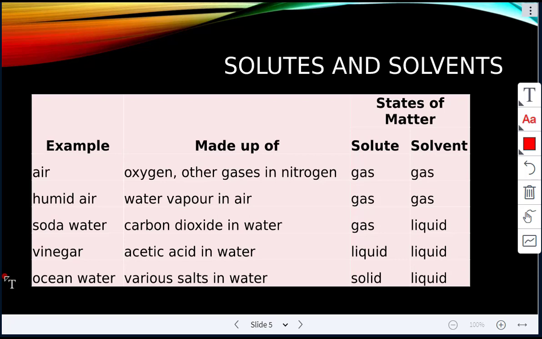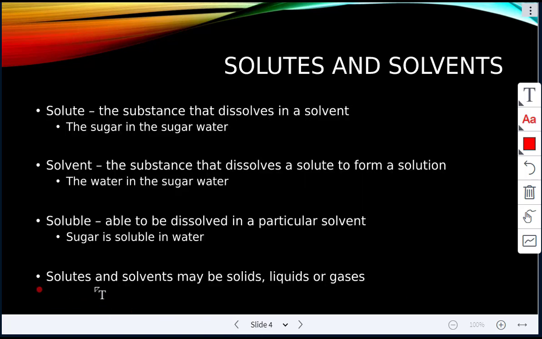When we look at ocean water, it's made up of various salts. Those are solids, which are in water. So we have the solute as solids, and the solvent is a liquid. All right, so this chart just shows how solutes and solvents can be solids, liquids, or gases.